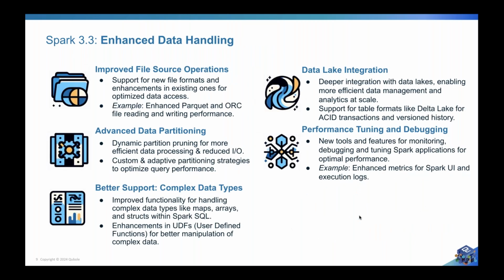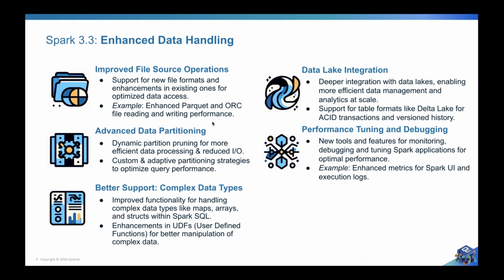Now, enhanced data handling. The earlier two, we spoke about how performance can be improved. This is more about data handling, and of course, this impacts your overall performance as well. With Spark 3.3, there are a couple of improvements in terms of the different file formats used, specifically like Hive buckets.